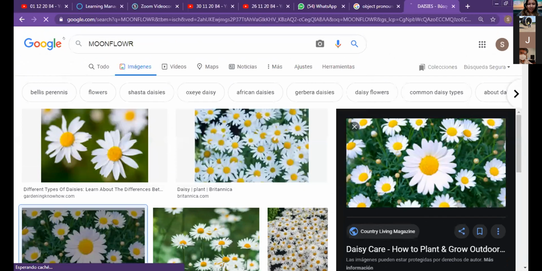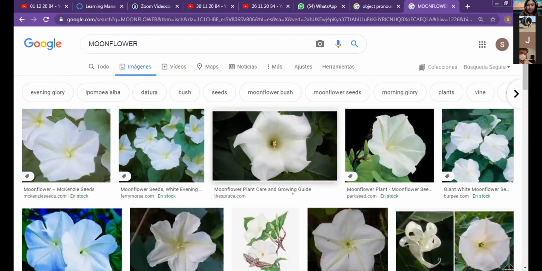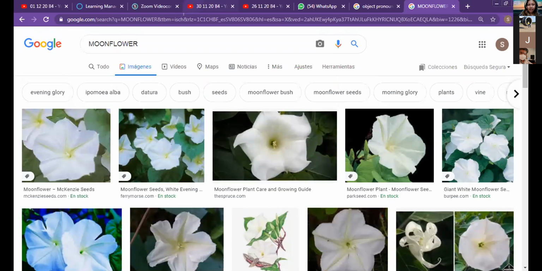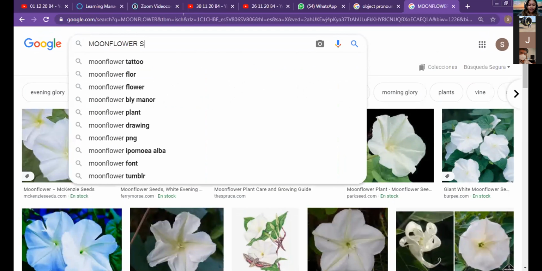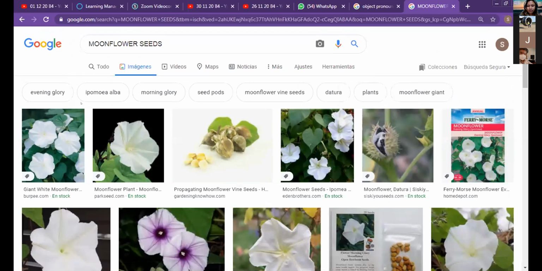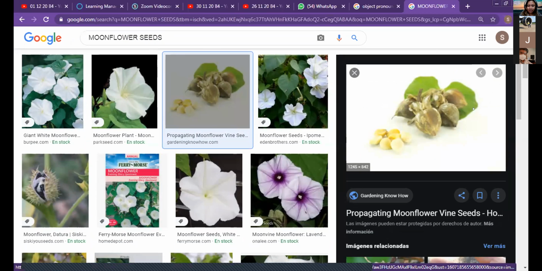Sunflowers are the other big flower. This is a moonflower. Have you seen it before? Maybe. Okay. Now, moonflower seeds. These are the seeds. Look. Moonflower seeds. Yes? To have more, right?